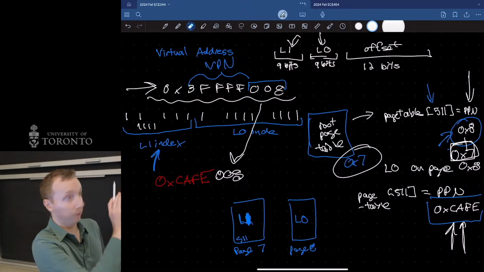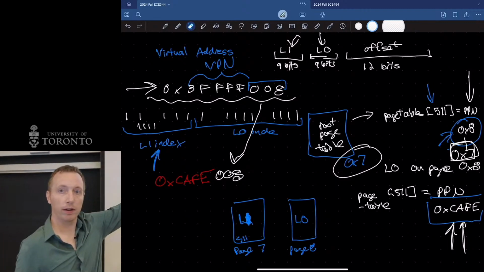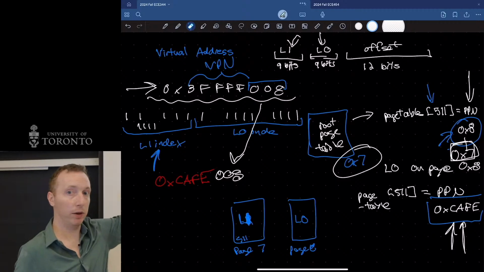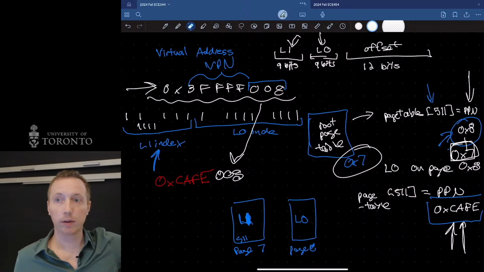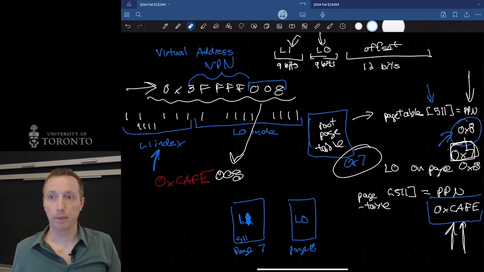No, so from the virtual address, we only use the indexes. We use the indexes and then the L1 page table, and then past that, we don't use the virtual address for anything else. We only get the indexes from that, like before. So we will use the L1 index to just know that it's the 511th entry. And then we take 0x8 and what do we do with it?